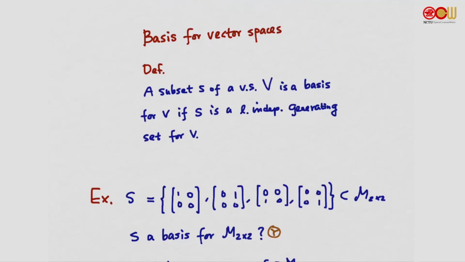For Rn, we have shown in chapter 4 that every 2 bases for the same subspace have the same number of vectors, and that number is the dimension of the subspace. We will see a little bit later that's also the case for a finite vector space.